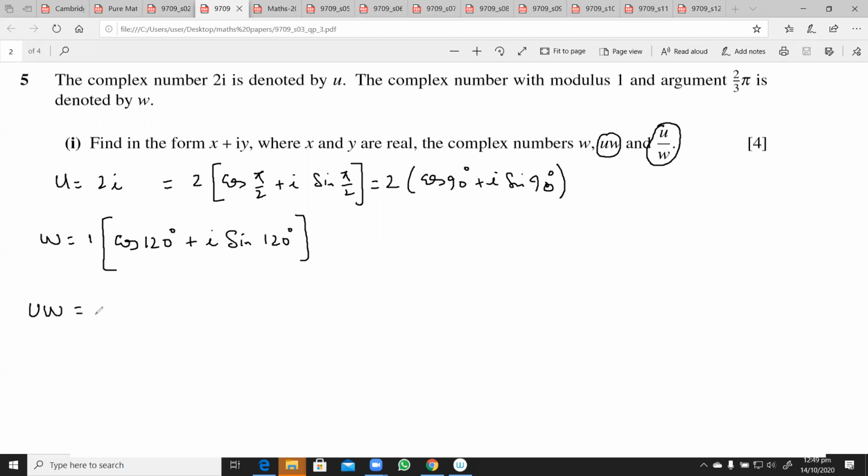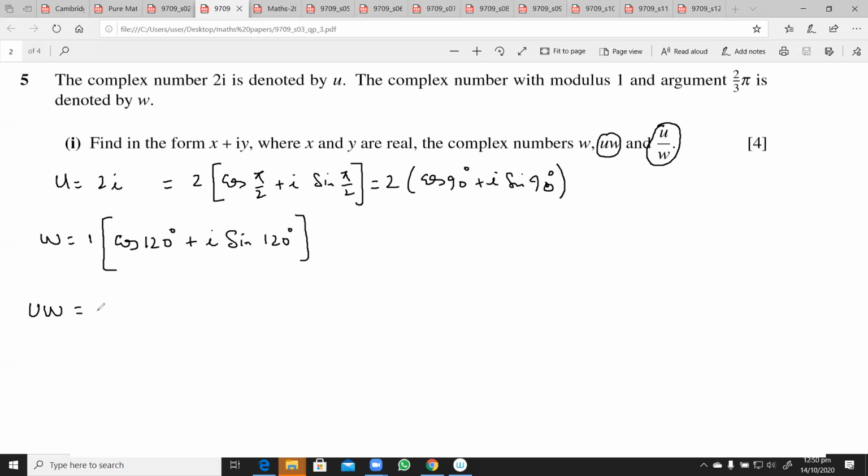What will be uw? What will be the modulus of uw? When you multiply two complex numbers in polar form, the product's modulus is the product of the moduli of those two complex numbers.